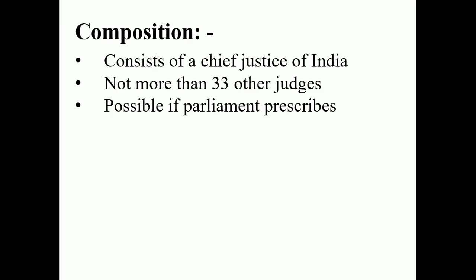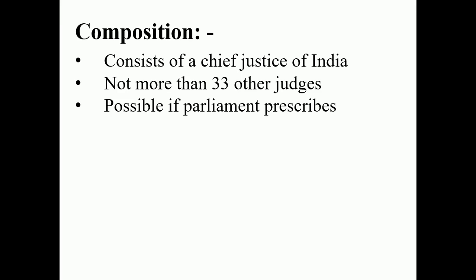And in 2019, as per the prescription of the Parliament, the President agreed with the decision of the Parliament, and 3 more judges were added to the number of judges of the Supreme Court. So in 2019, the number increased from 30 to 33.